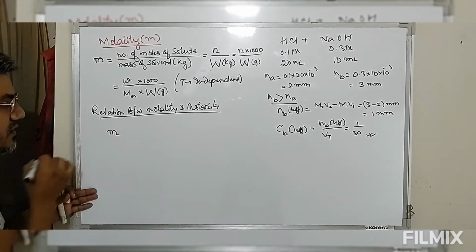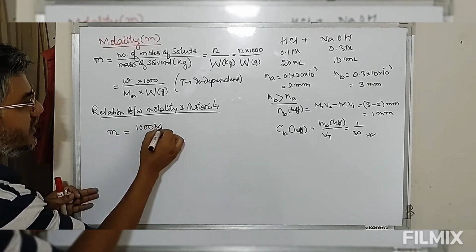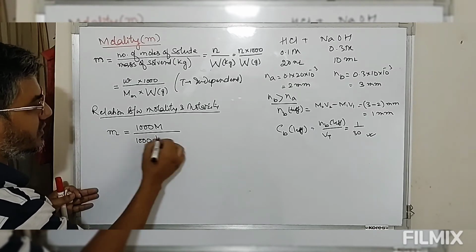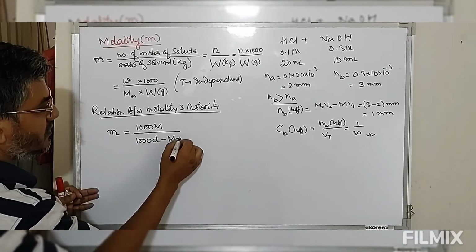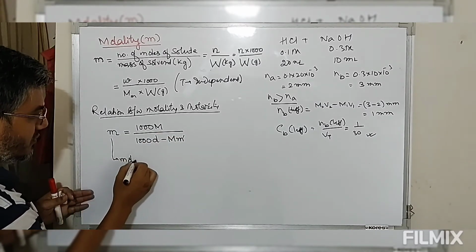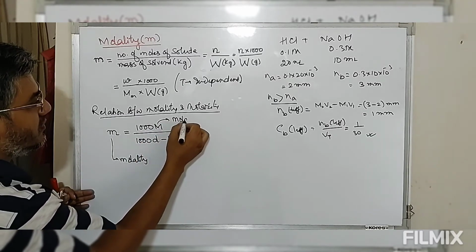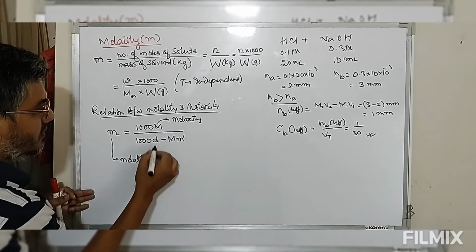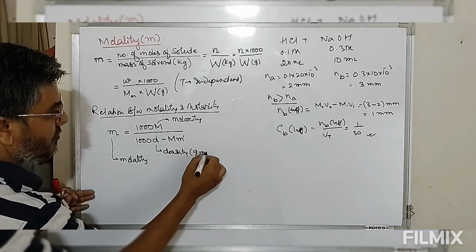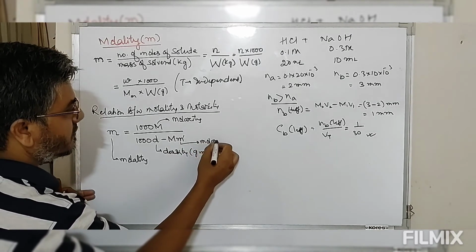Molality is equal to 1000 into capital M divided by 1000 into D minus M prime into capital M, where small m is molality, capital M is molarity, D is the density of solution in gram per ml, and M prime is the molar mass of solute.